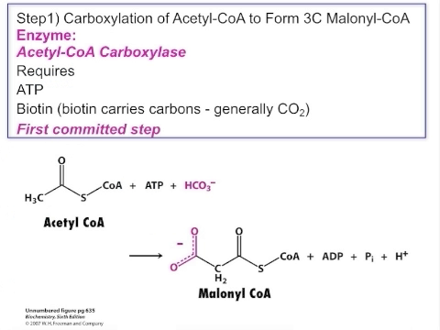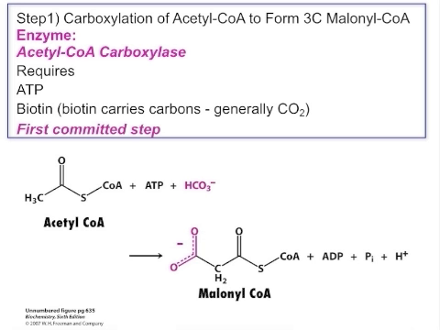And so step 1 is carboxylation of acetyl-CoA to form the 3-carbon malonyl-CoA. The enzyme that carries this out is acetyl-CoA carboxylase, and again the name just makes sense. We're carboxylating acetyl-CoA. This enzyme requires both ATP and biotin.